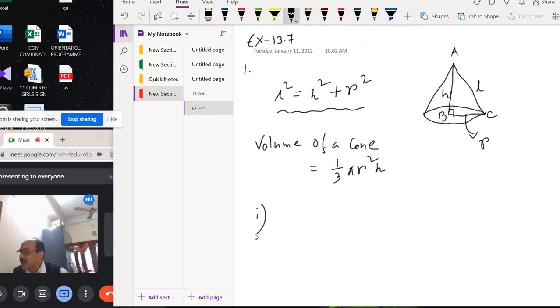Radius is given, R equal to 6 centimeter, and height H equal to 7 centimeter. So what is the volume of the cone?